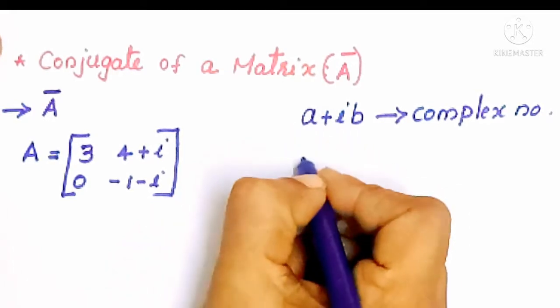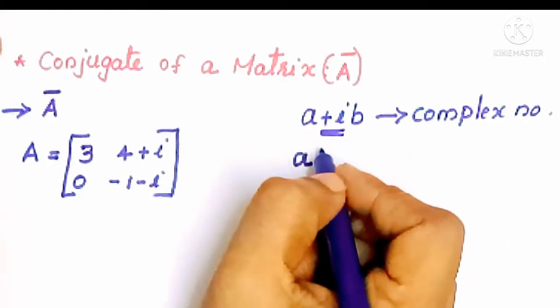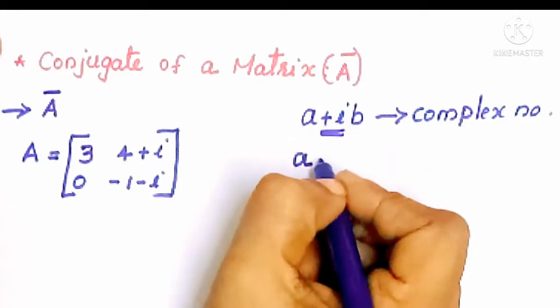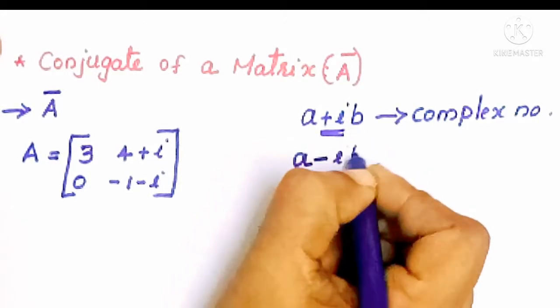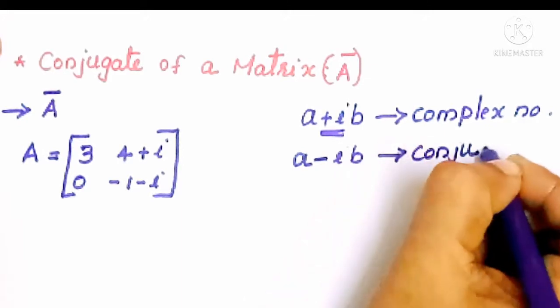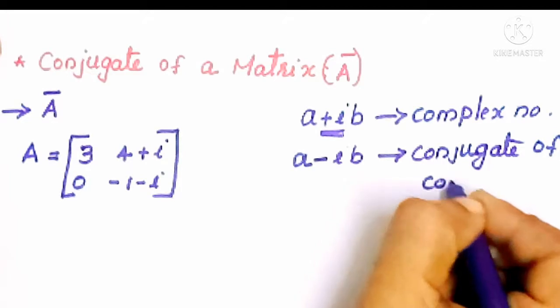We should change the sign of the imaginary part, then we will get the conjugate of this number. The conjugate of a + ib is a - ib. This is the conjugate of this complex number.